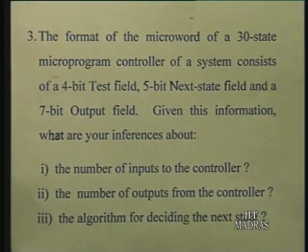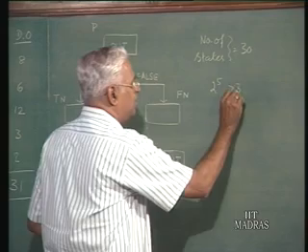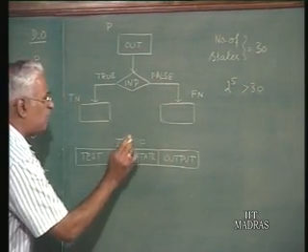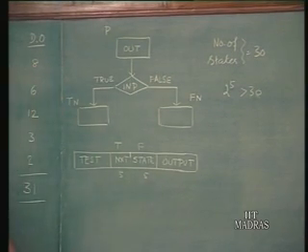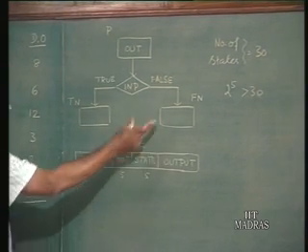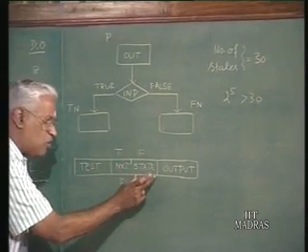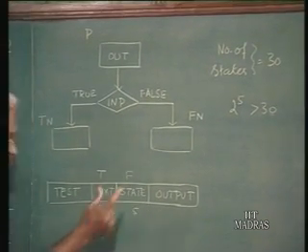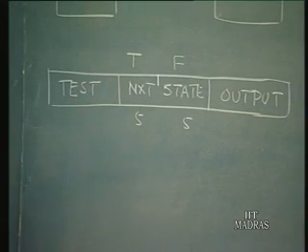So, you need at least 5, because 2 to the power 5 is 32 and that will accommodate 30, which means this particular one must be 5 and this part also must be 5. That is, in a given state we have to identify both the false and the true next states. So, you need a 5 bit subfield for say false next state and another 5 bit for true next state.